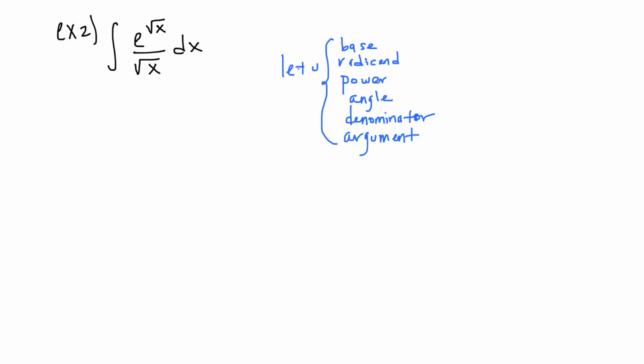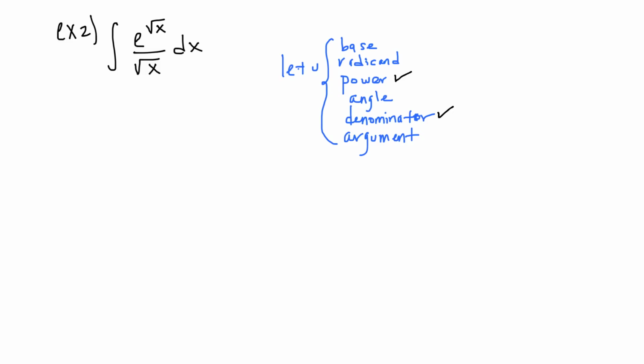Here's a second example. And now I am divided between two things. Should I let u be equal to a power, or should I let u be equal to the denominator? And when you look at it, the funny thing is that the power is the square root of x. The denominator is also the square root of x. So it feels like there's no difference what you choose, but you should be thinking about it.